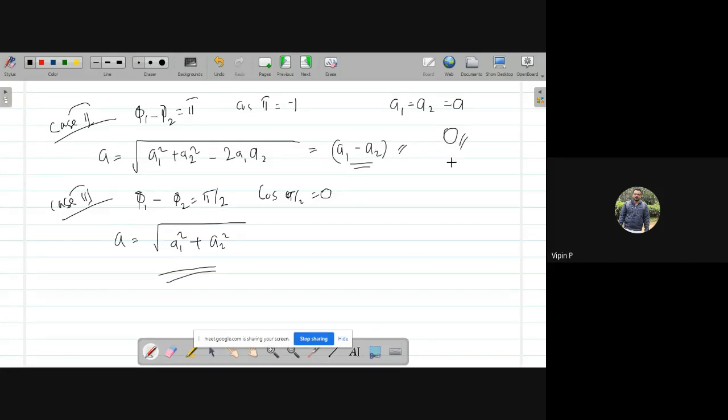So even though we have two oscillations, if the phase difference between them is pi, the amplitude gets cancelled. That's something we should always keep in mind. Now, I can compile this and draw some more conclusions from it.